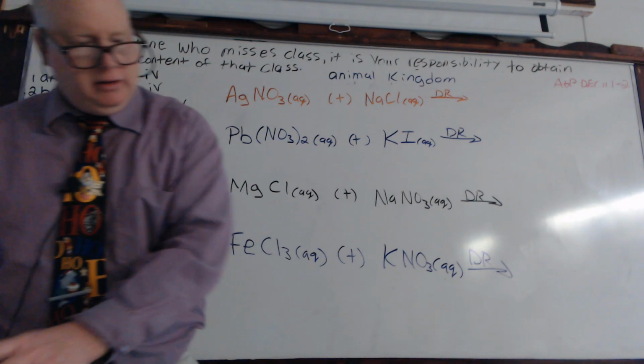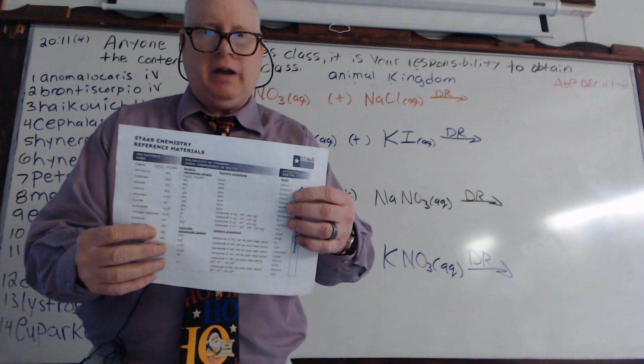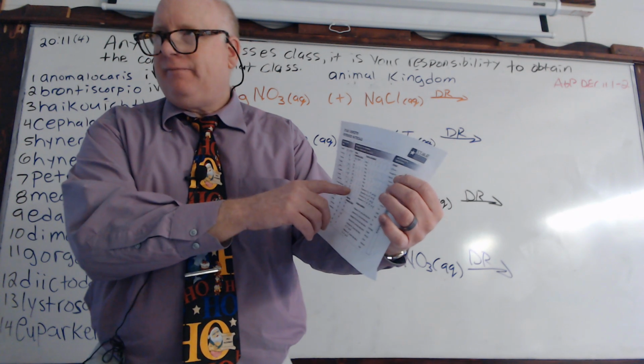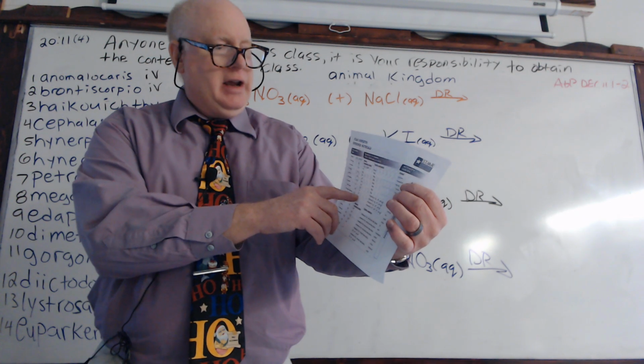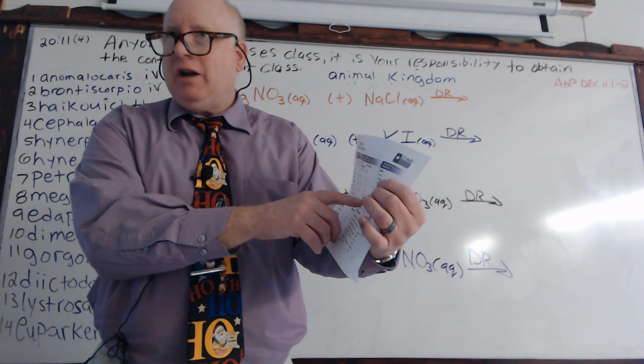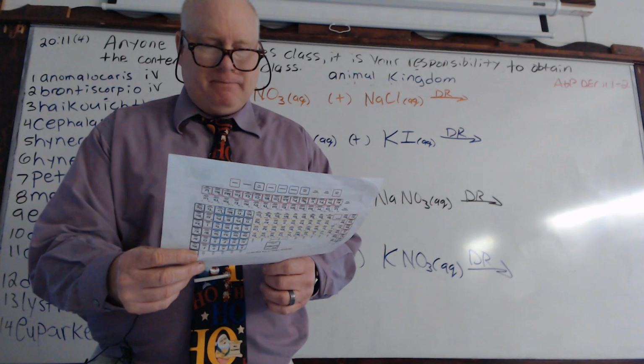So again, if you're tuning in later, remember we have these rules. We find chlorine or chloride, and it says it's insoluble if it's bonded to mercury, lead, or silver.